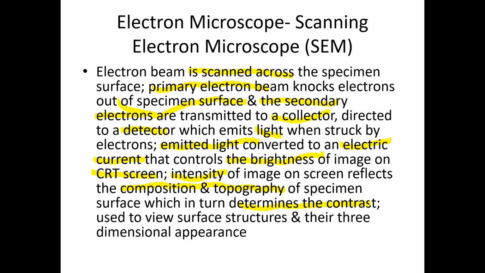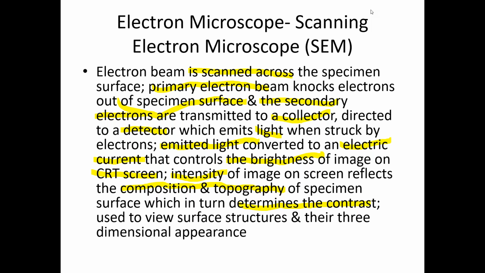So now I hope you have understood the difference between transmission electron microscope and scanning electron microscope. In transmission electron microscope, electrons are just transmitted from hot tungsten filament, which is directed onto specimen, and the rest is similar. Whereas in scanning electron microscope, the primary electrons produced from the hot tungsten filament will produce a beam of electrons from the specimen surface called secondary electrons, which is responsible for the formation of the image.